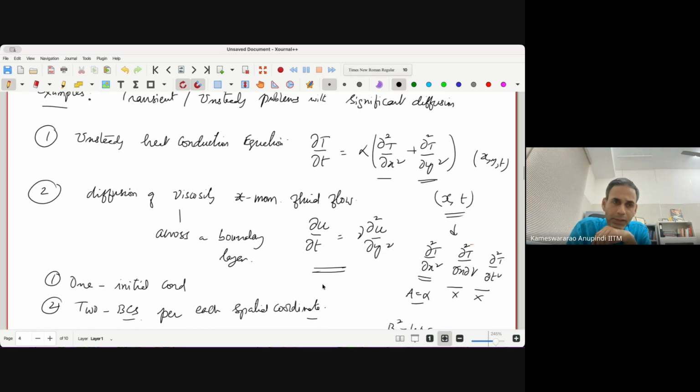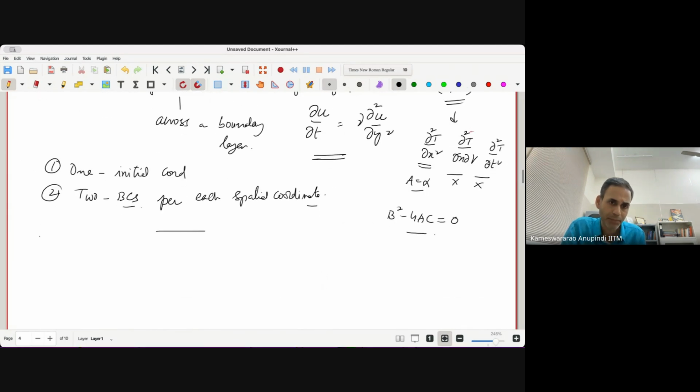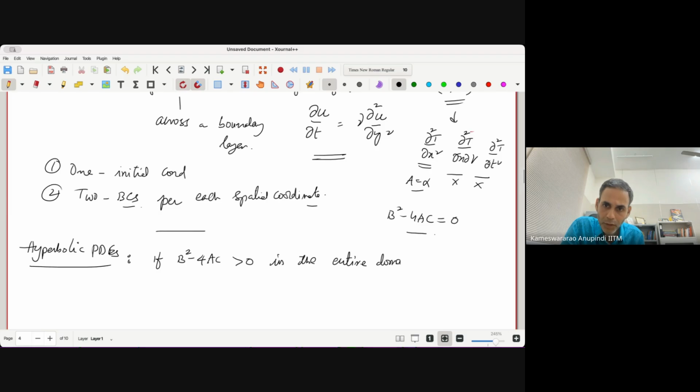Okay, and the final thing is the hyperbolic PDEs. Hyperbolic PDEs, what we have is if B squared minus 4AC is greater than 0 in the entire domain, then we call such a PDE a hyperbolic PDE.